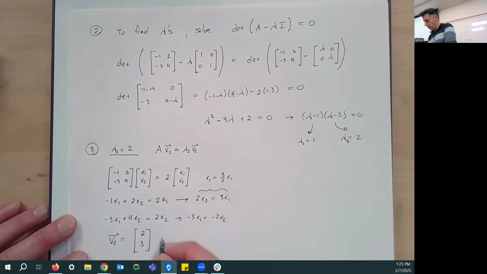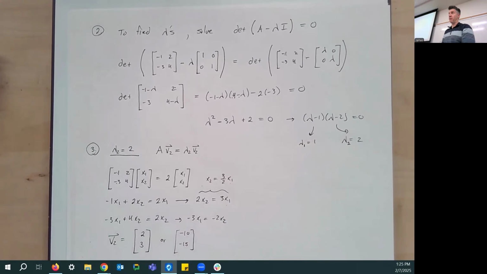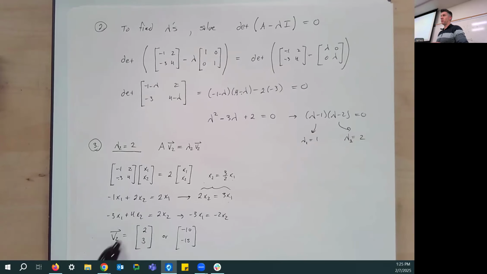So I'll just point out, this also would have been perfectly fine, like -10, -15 is also an eigenvector for the eigenvalue of 2. The standard or typical choice, if it's available, is to pick the vector with integer values that are as small as possible. So this would be the standard choice here, 2, 3. Which is what your teacher would typically choose.